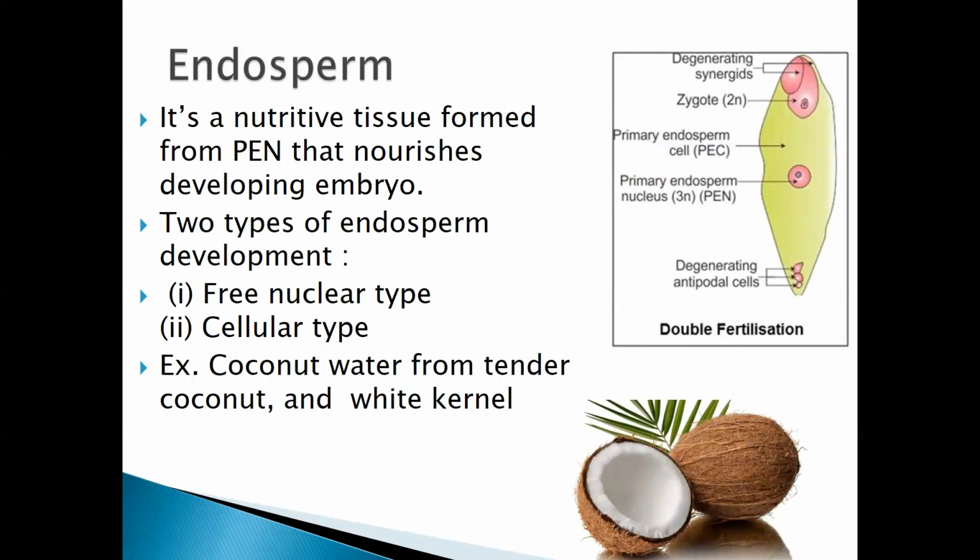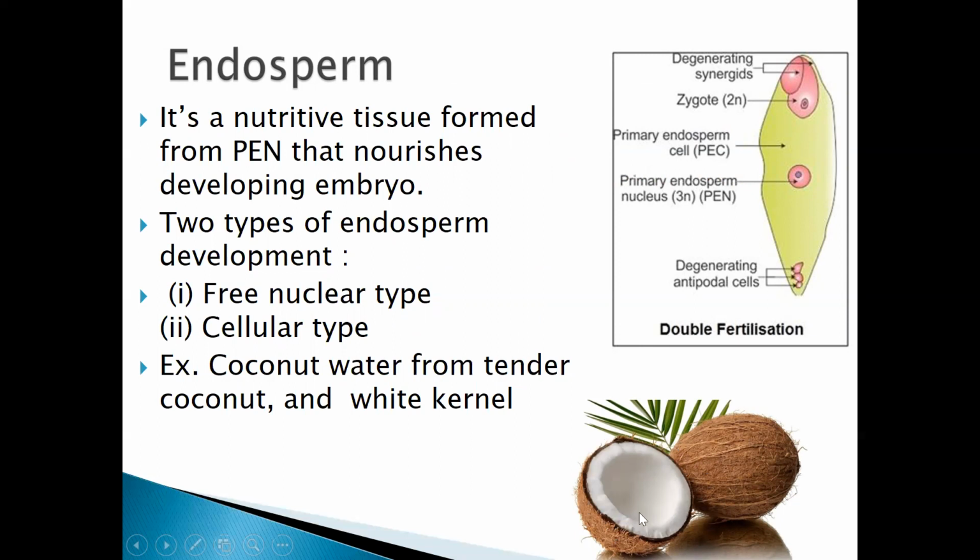The first one, endosperm tissue. Now, let me make it very easy for you students. What is this endosperm tissue? You must have seen it in the coconut. The coconut white kernel part, and the coconut water from the tender coconut, is nothing but the endosperm tissue.